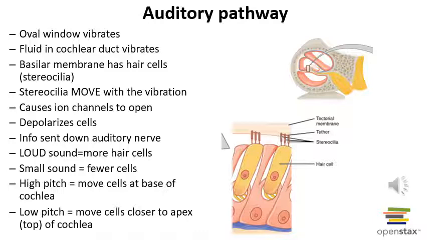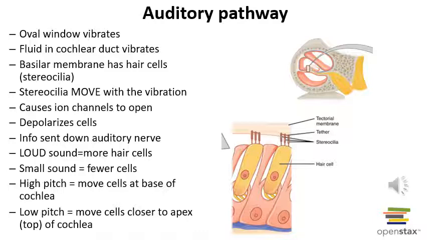Remember, it's a vibration occurring in the tectorial membrane that's offset by the vibration in the basilar membrane, and this causes ion channels to open in those hair cells. That depolarizes the cells. The information is sent down the auditory nerve. Loud sound, more hair cells being stimulated. Small sound, fewer hair cells being stimulated.